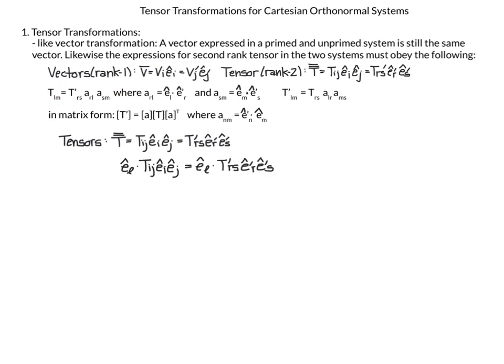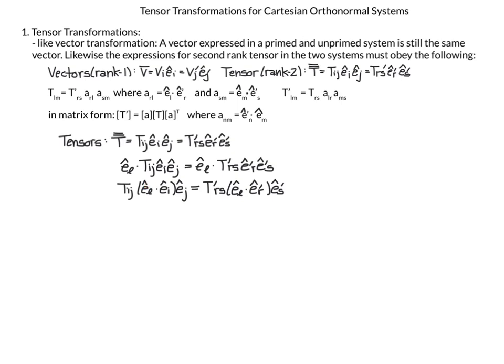The first thing we're going to do is dot both sides of this equation with another basis vector e sub l from our unprimed system. Remember, at this point, our T sub ij and T prime sub rs are just components, individual scalars, sort of like our matrix A sub ij. So we can move them out and group together our direction vectors.